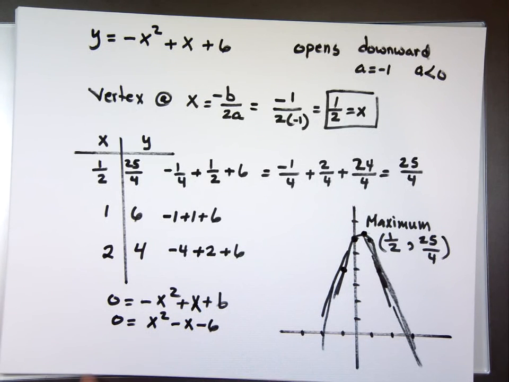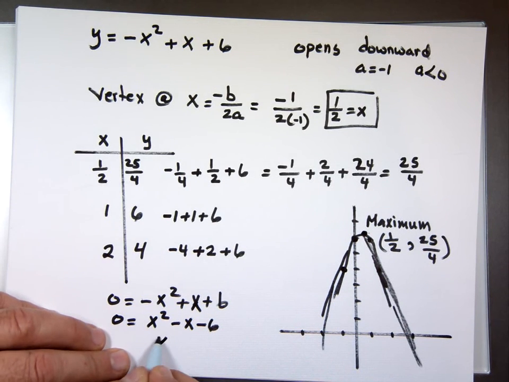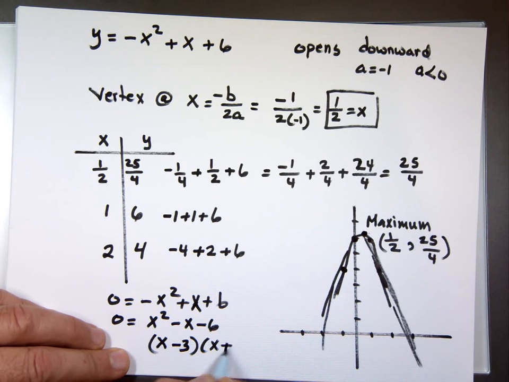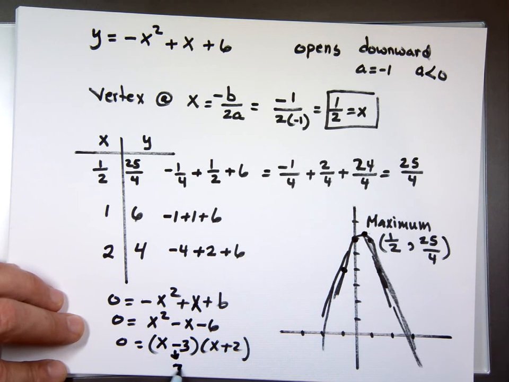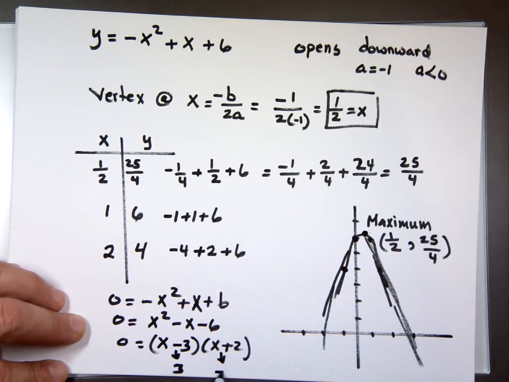And if you factor that, that's what? X minus 3 times x plus 2. When is this going to be 0? When x is 3. When is this going to be 0? -2. Here's my picture. There's the -2. There's the 3.